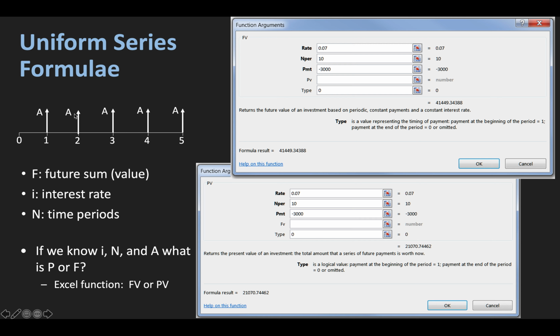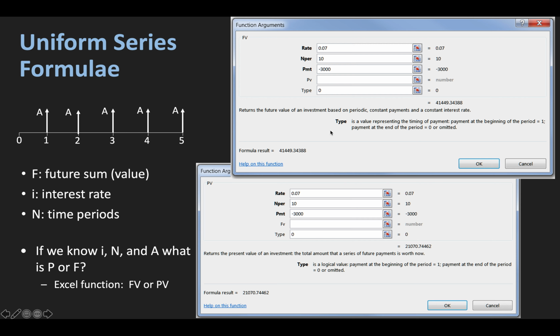You can see that at each time period, 1, 2, 3, 4, 5, the cash flow is the same, A, right? With A, with N, with i, we know all these three. How do we calculate P or F?